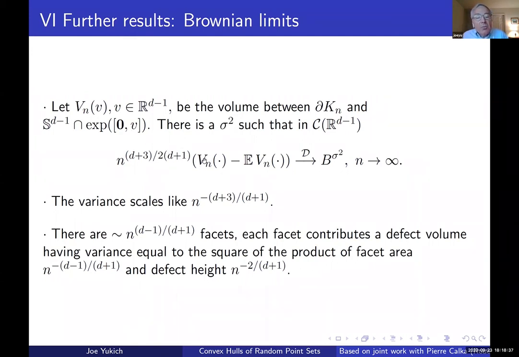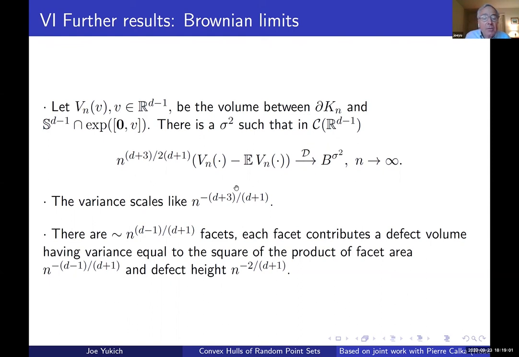And this volume, when centered around its mean and properly scaled, converges to this Brownian sheet that was defined on the previous transparency. So the convergence here takes place in the space C, in the space of continuous functions on R^(d-1).